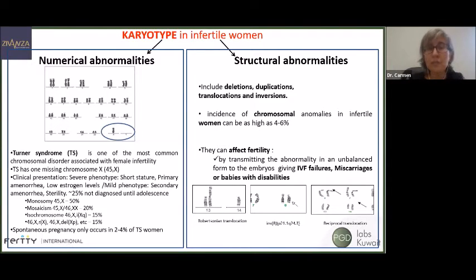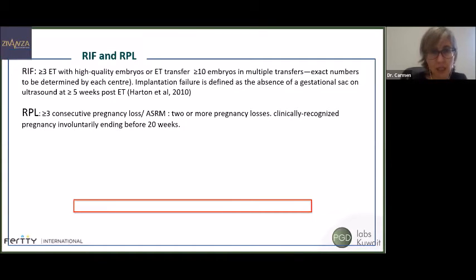Usually, in women with these structural abnormalities, the oogenesis, the production of the eggs, is not impaired by these abnormalities, unlike what sometimes happens in males. So, as I told you, all these abnormalities in the karyotype can cause consecutive or recurrent pregnancy losses and also recurrent IVF failures.